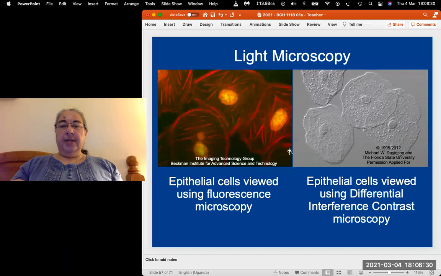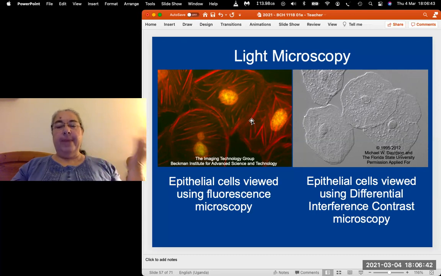And a third technique is fluorescence microscopy. This technique uses a fluorescent stain, that's a stain which emits light, and different stains can emit light of different colors.